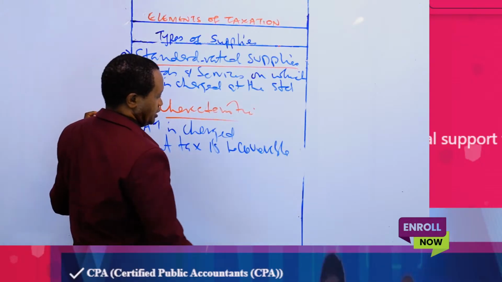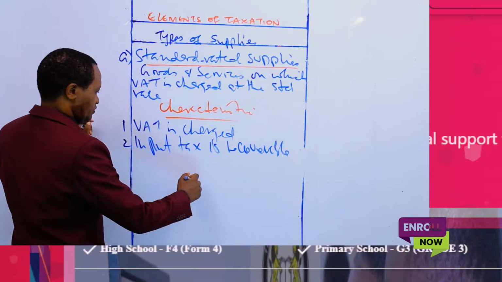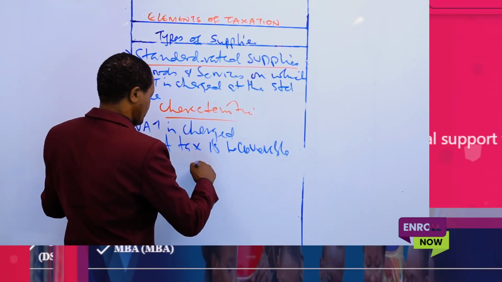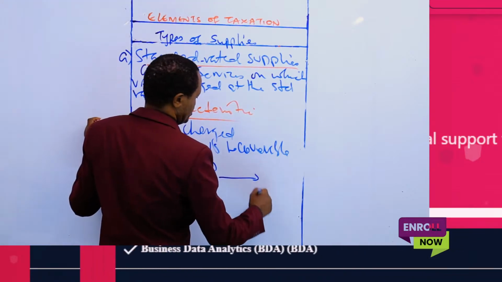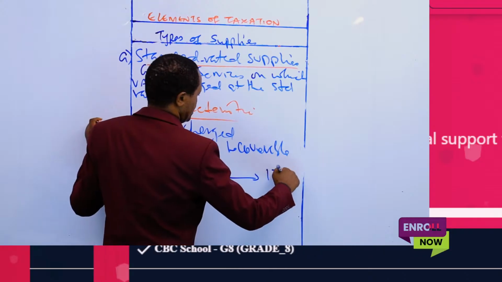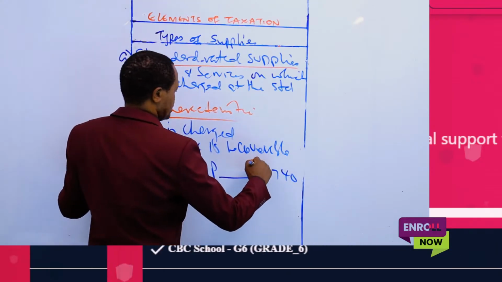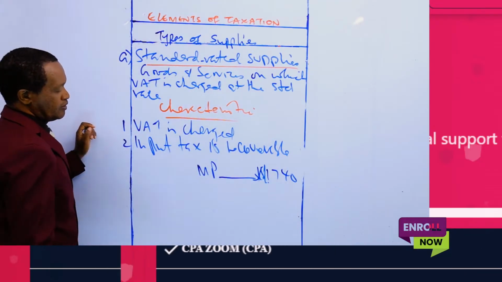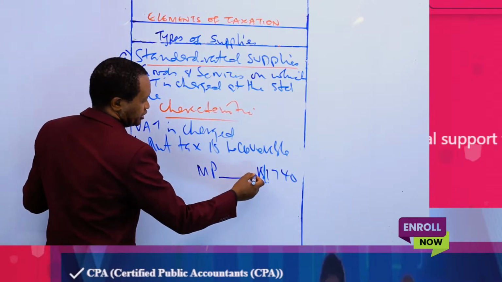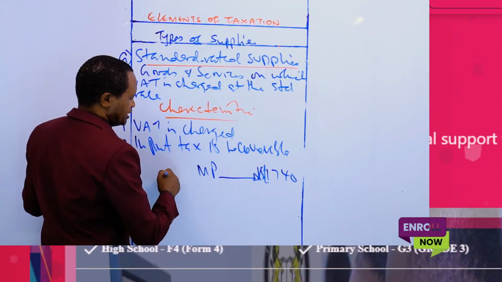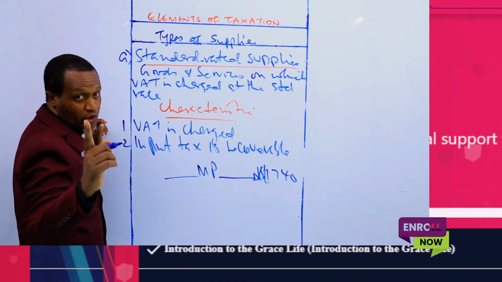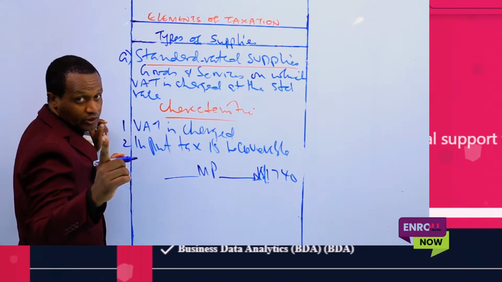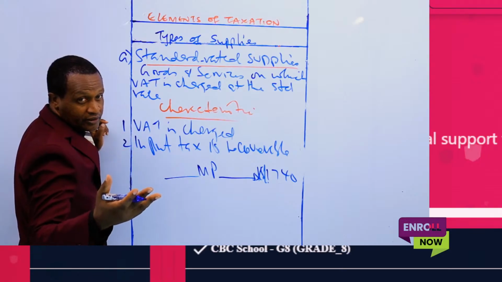So let me use the example I gave: we have Manifested Publishers that is selling books, VAT inclusive, at a price of 1740 shillings per book. In publishing or printing this book, Manifested incurred some costs, what we are calling input.